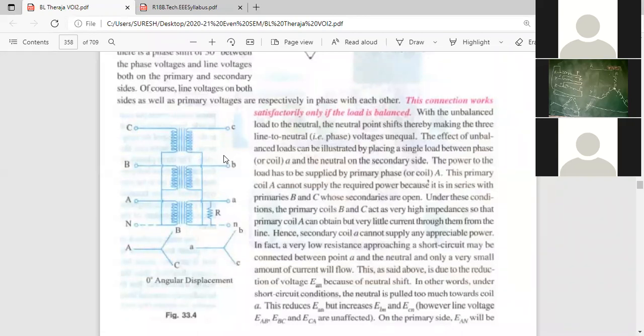In the three-phase star-star, I'm explaining with the diagram. Three windings are there on the primary side. Similarly, three windings are there on the secondary side.